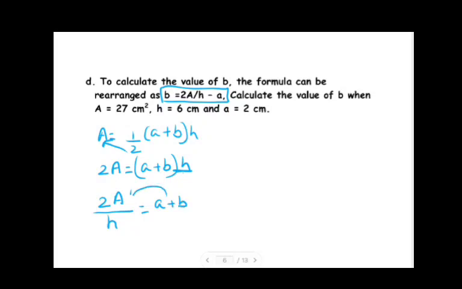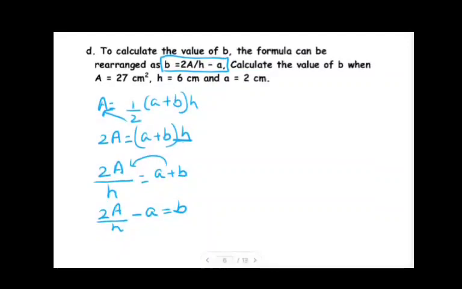If I take the a on the other side, so 2A upon h minus a, positive a becomes negative a when it changes sides. So that's how b has become the subject. Did you guys understand how they have arrived to derive b's value?